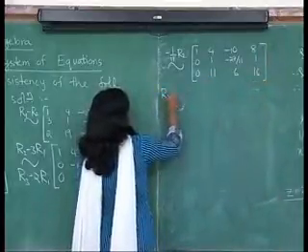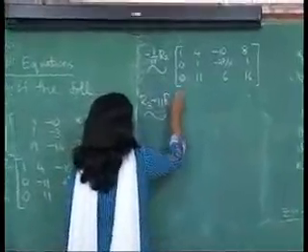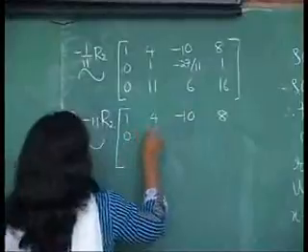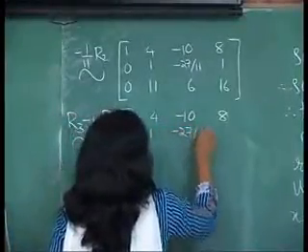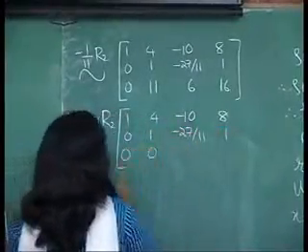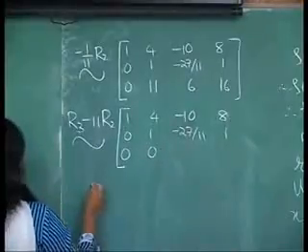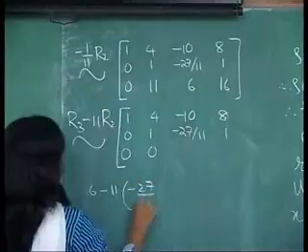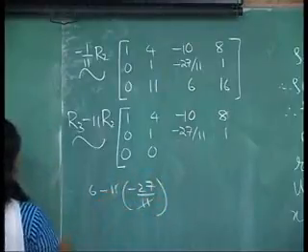So I'll have to do R3 minus 11 R2. 1 4 minus 10 8, 0 1 minus 27 by 11 1, 0 0. This will be 6 minus 11 into minus 27 by 11. So this cancels.